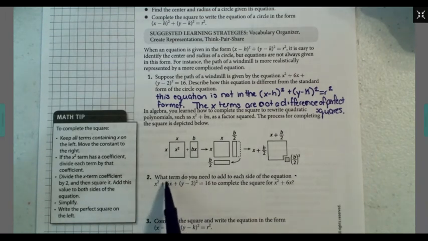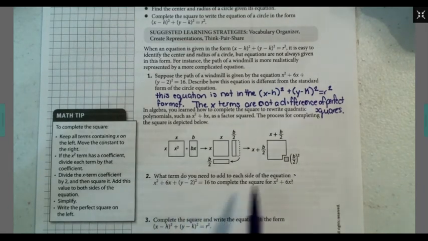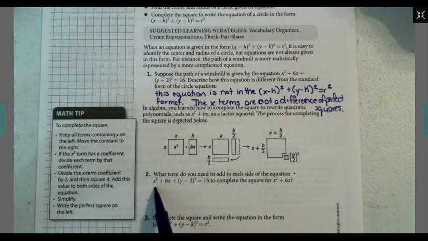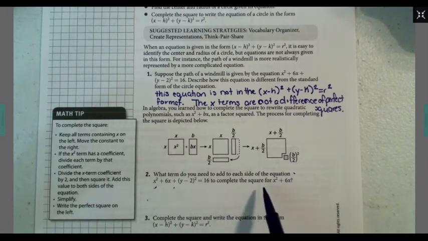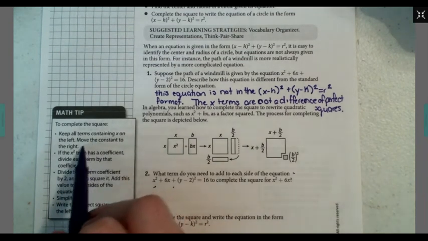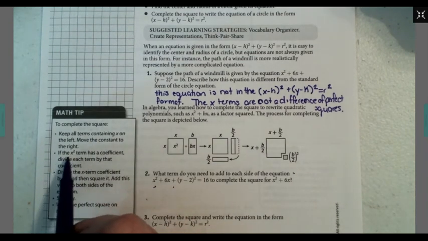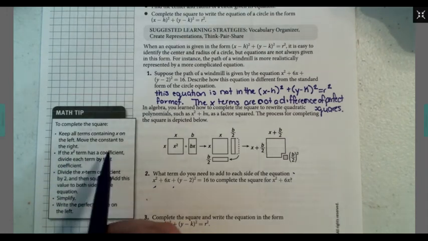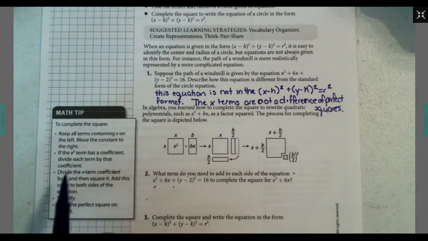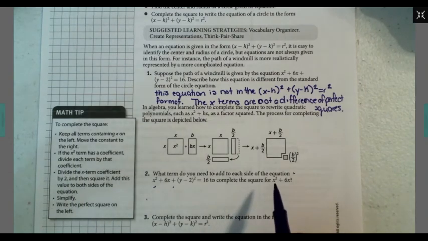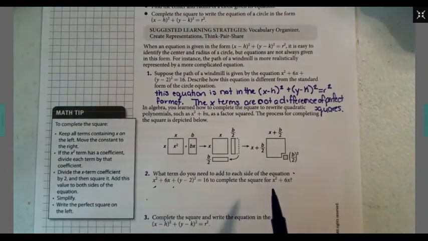What term do you need to add to each side of the equation? x squared plus 6x plus y minus 2 squared equals 16, to complete the square for x squared plus 6x. The second step states, if the x squared term has a coefficient, divide each term by that coefficient. Does x squared have a coefficient?